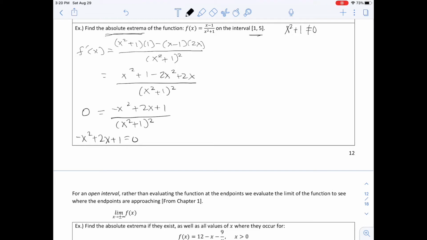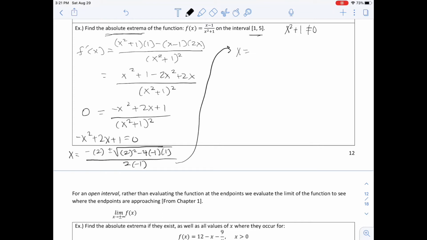And since this does not factor nicely for us, we are going to have to use our quadratic formula, which is negative b plus or minus the square root of b squared minus 4 times a times c, all divided by 2 times a. From here, we can simplify this.